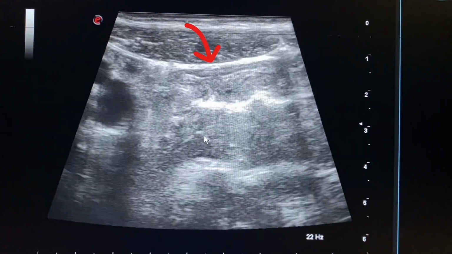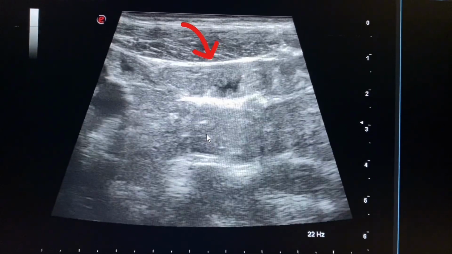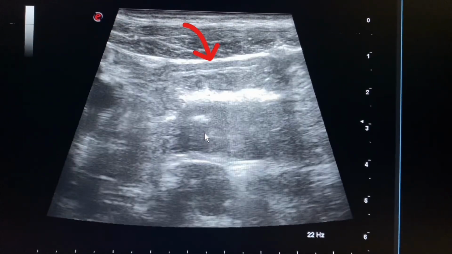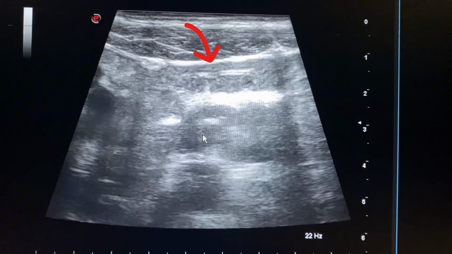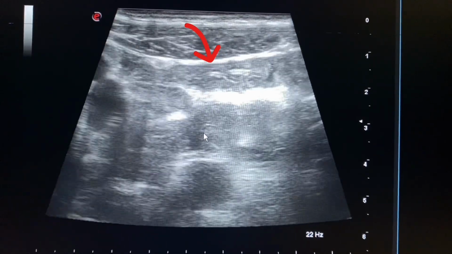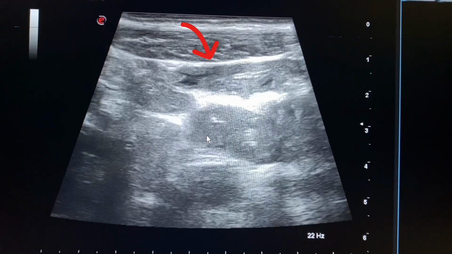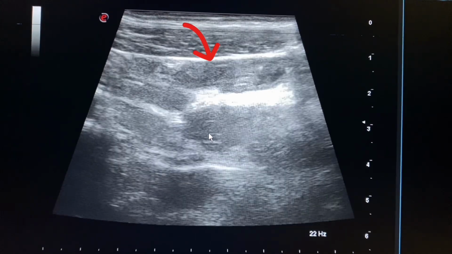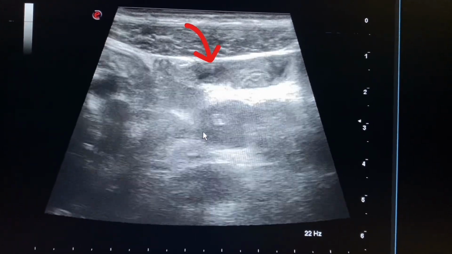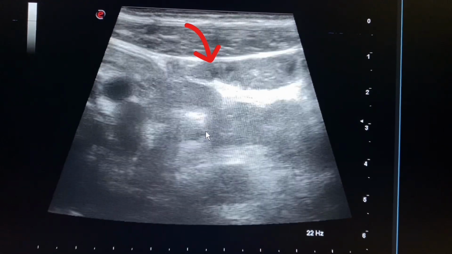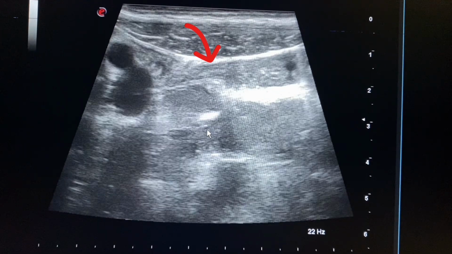Now from suprapubic we start slowly sliding to the right iliac region. This is distal ileum, which is also prominent, and gases appear to be absent.